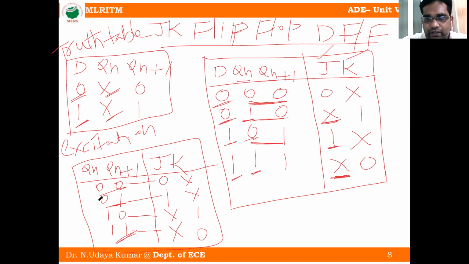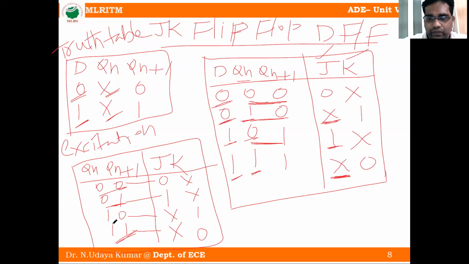So this is two variable. This one is D, this one is Qn, 0 1 0 1. Okay. So K is equal to... First, how do we get don't care? Whenever D is equal to 0 and Qn is equal to 0, we will get don't care in this box.